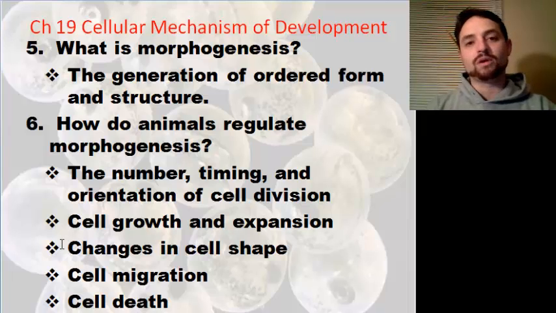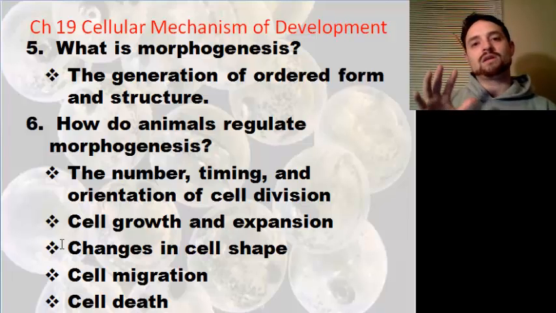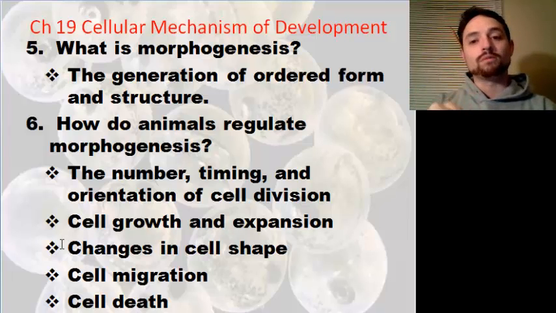Cell death is very important in that it creates things like the digits on your hand. If there's not cell death here, then you end up with a webbing of your fingers. So cell death definitely determines the form of the organism, which is all morphogenesis. So these are all ways that animals will regulate that form, and you can go into greater detail by looking in your book.